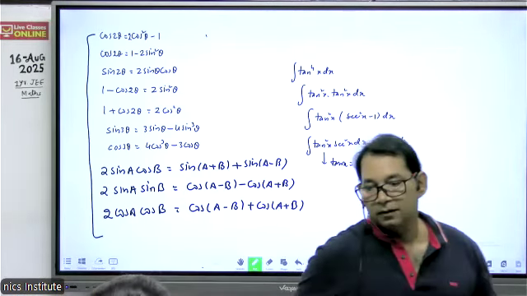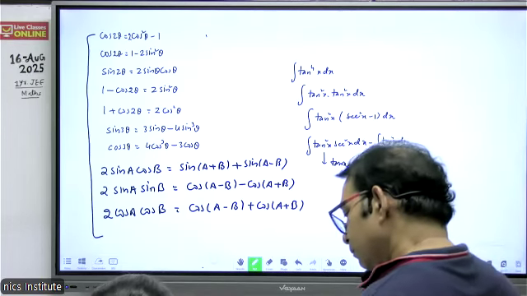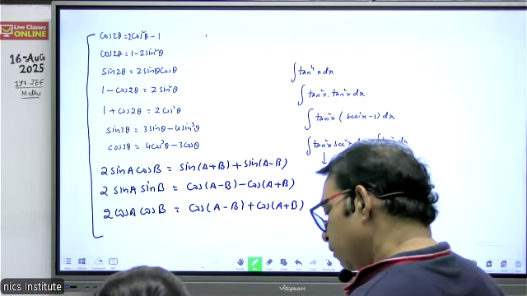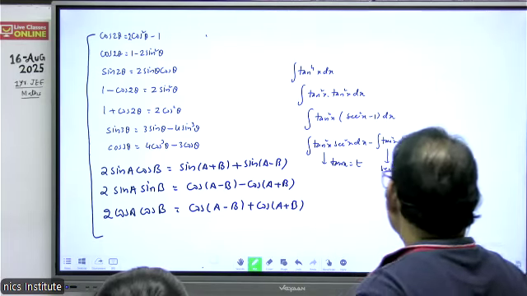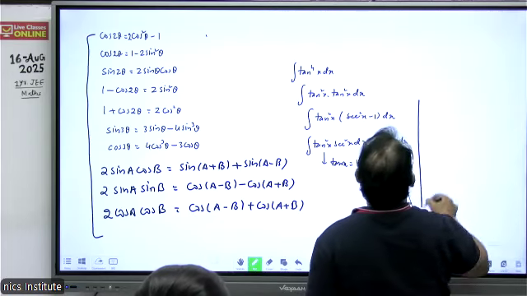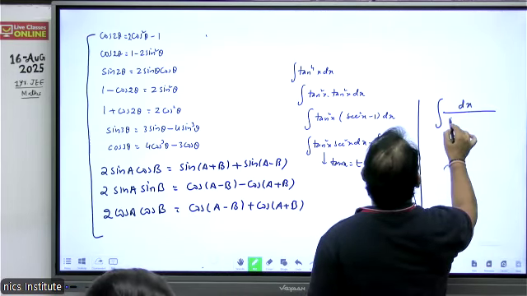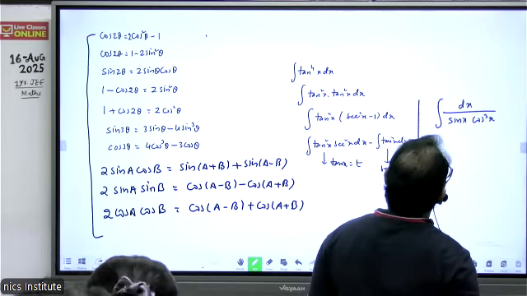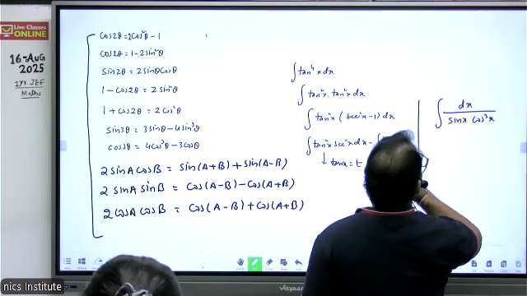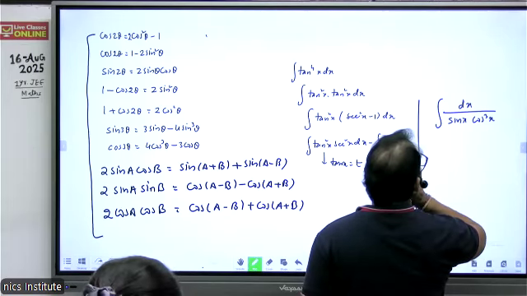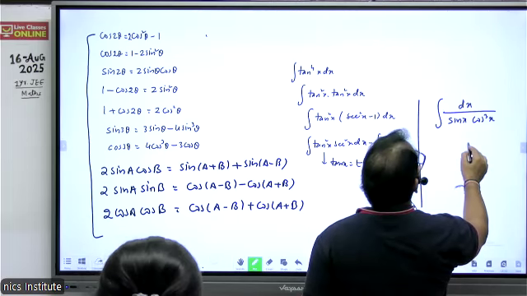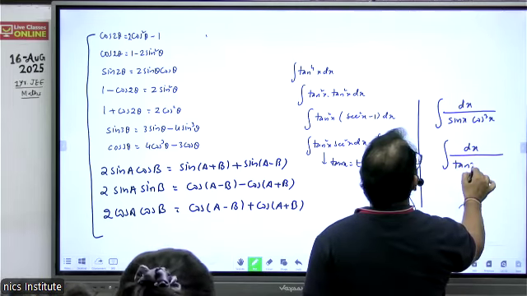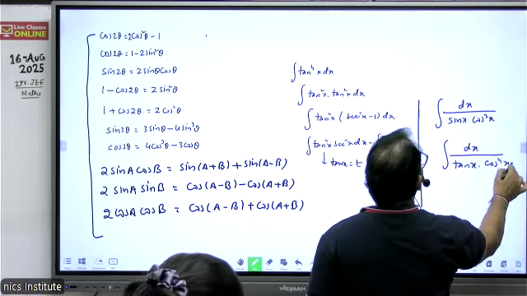All right. 1 over sin x cos cube x. Make it tan x into cos to the power 4x.